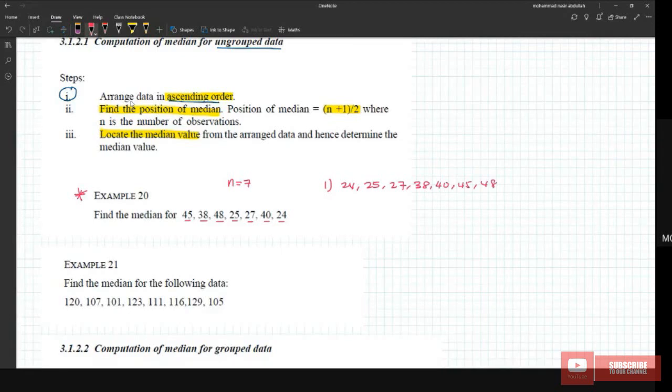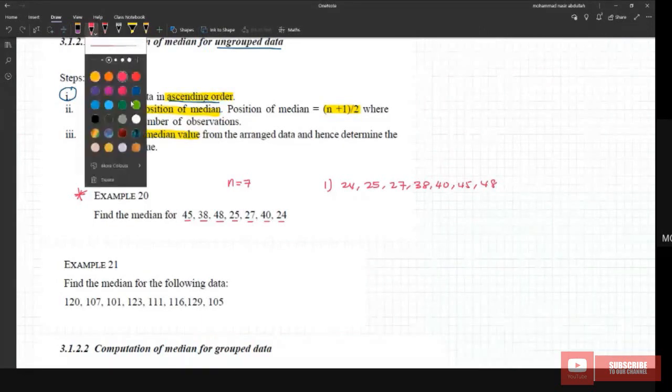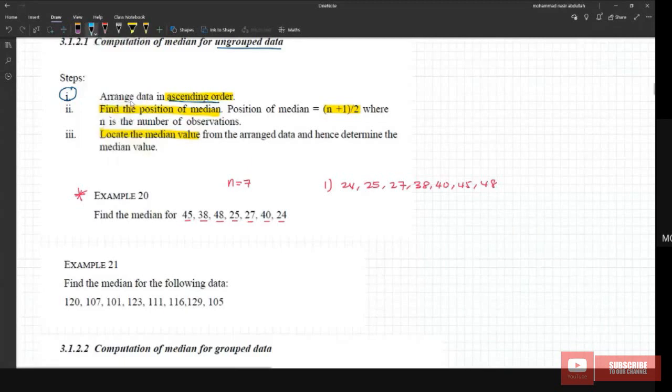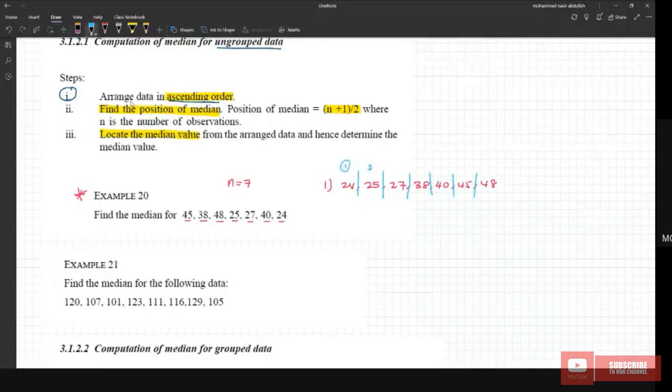So we have arranged the data in ascending order. When you arrange the data in ascending order, my advice is you position the data. This is position number 1, 2, 3, 4, 5, 6, and 7. Position number 1 is 24, position number 5 is 40, position number 7 is 48.